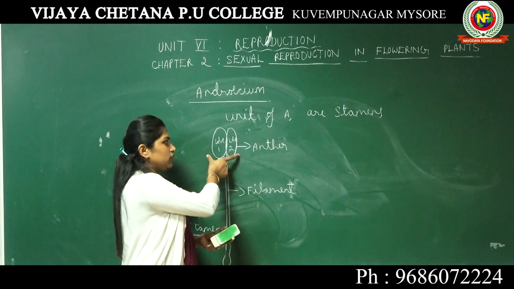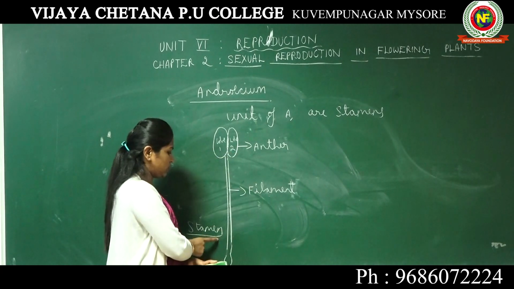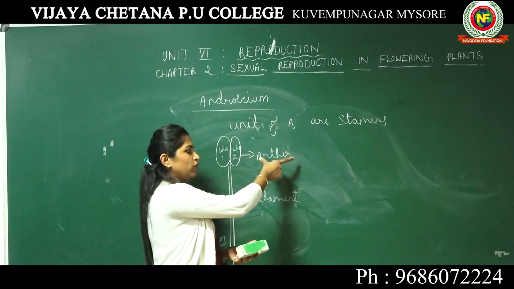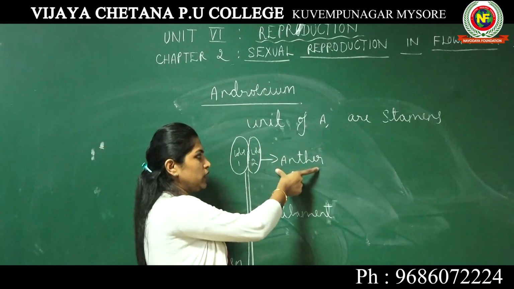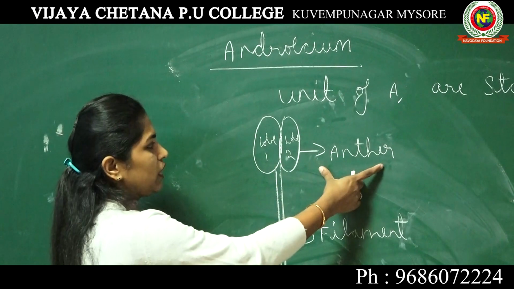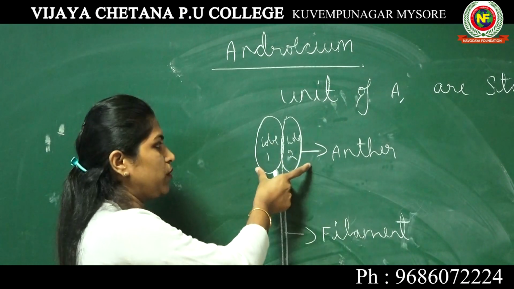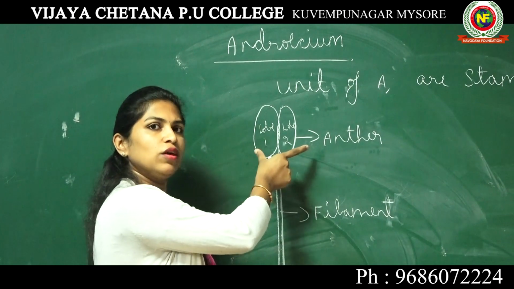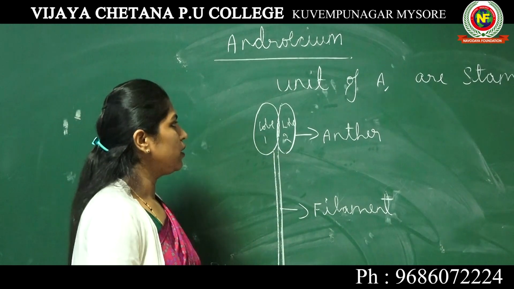Why is this anther so important in a stamen or in an androecium? Anther is the part of a flower inside which pollen grains are produced, which is very important in carrying out the process called pollination.